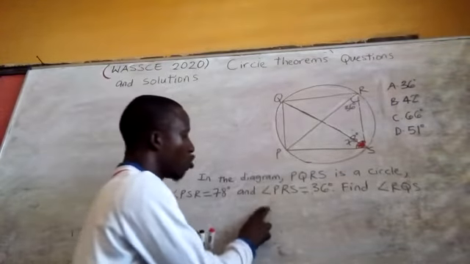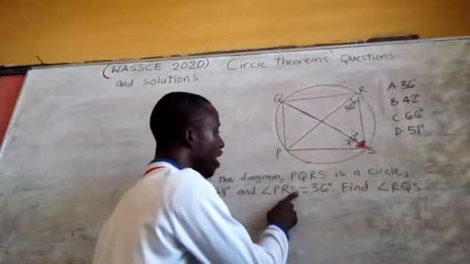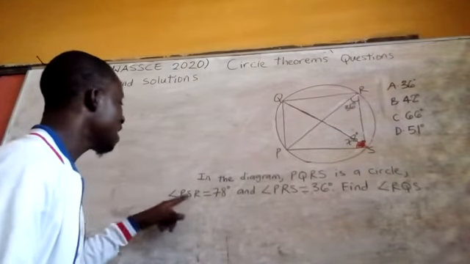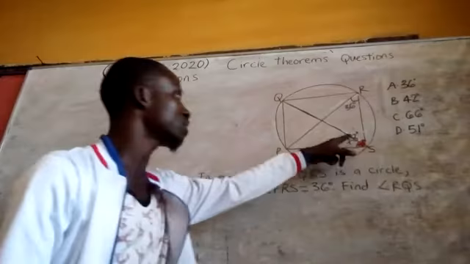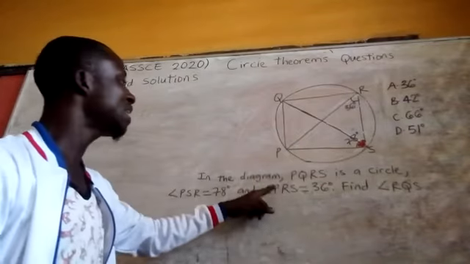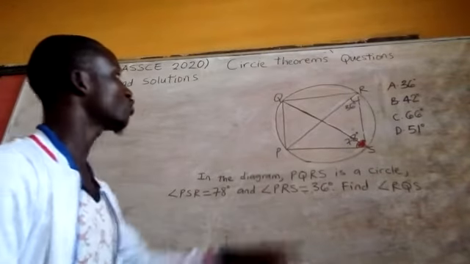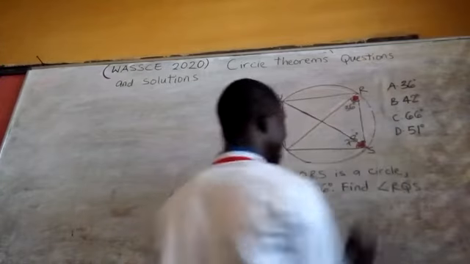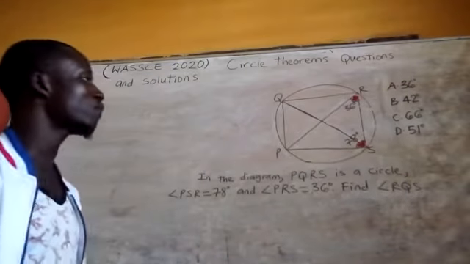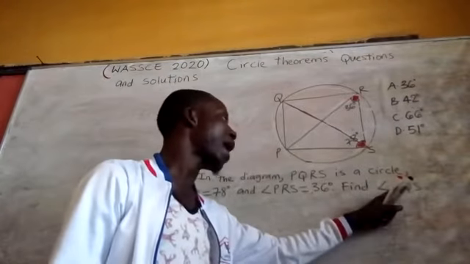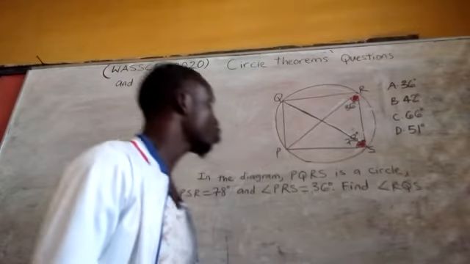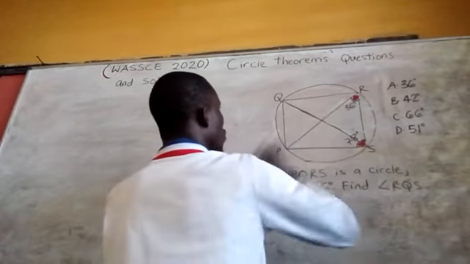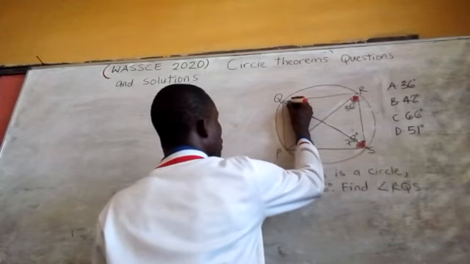And angle PRS equal to 36 degrees. So the angle here is given to us as 36 degrees. We are asked to find angle RQS. So angle RQS is unknown. The angle here is unknown.